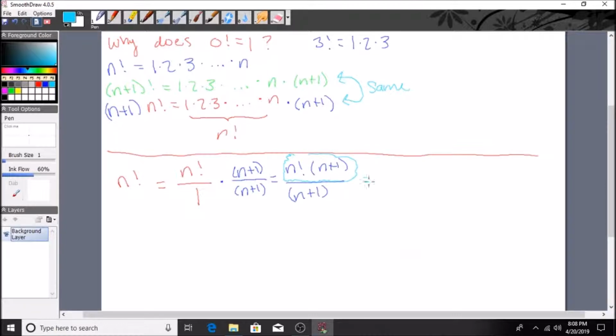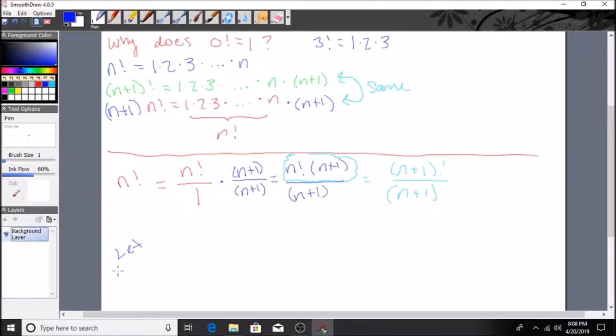We can rewrite it as n plus 1 factorial, and then we just carry over the denominator, n plus 1. So we just rewrote this in a different format. All it's saying is that n factorial can be written as this, and it's equal, so it can go either way, and you can use any step in between. But I think here we can actually show why 0 factorial equals 1.